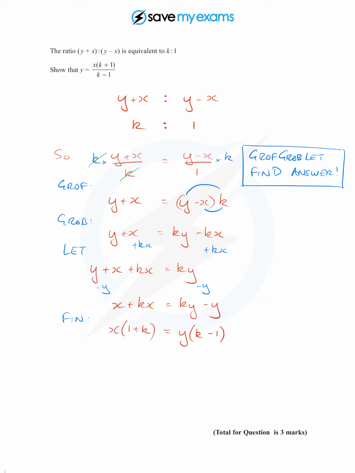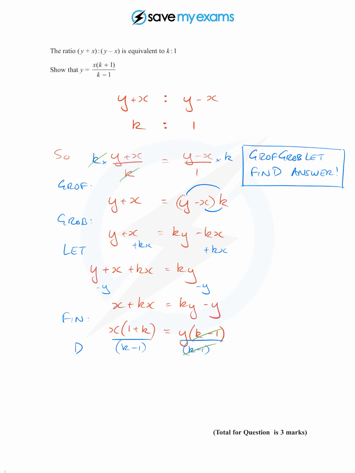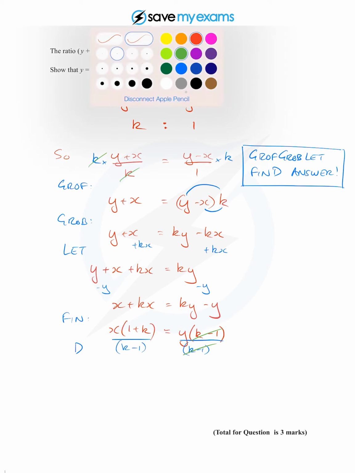And now, to get the y on its own, I do the next thing in GROB GROBLET, which is the D. What does D stand for? D stands for divide. So I divide by the k minus 1 on both sides, obviously, because if I do it to one side, I must do it to the other. The k minus 1s on the right cancel. That was the point of doing that.